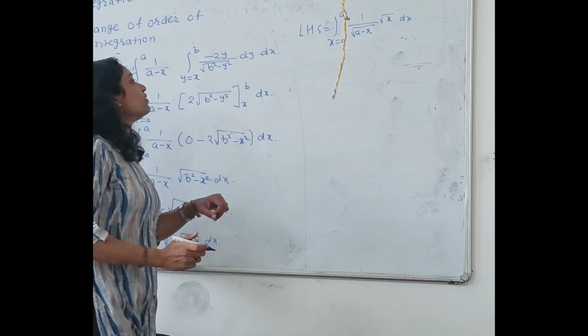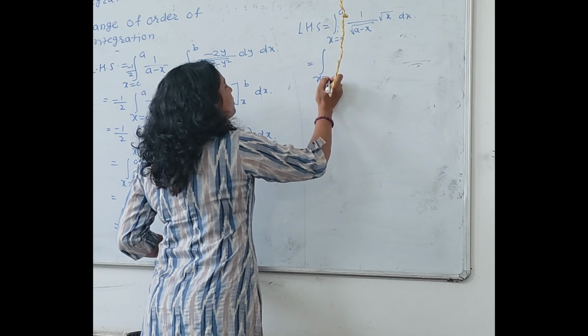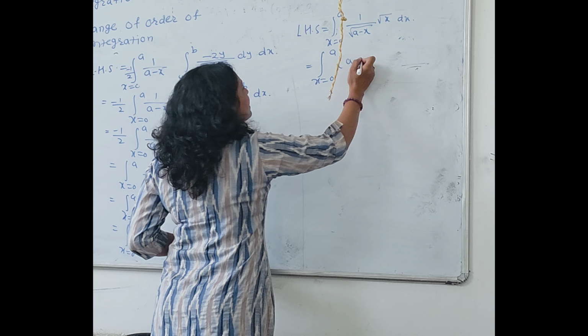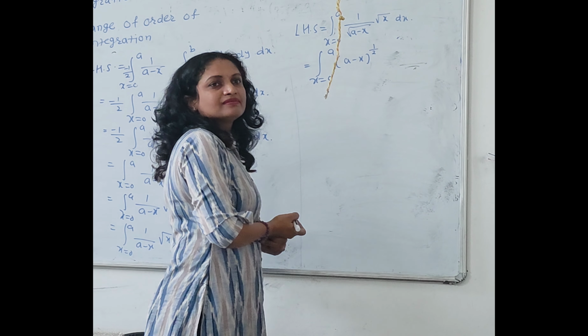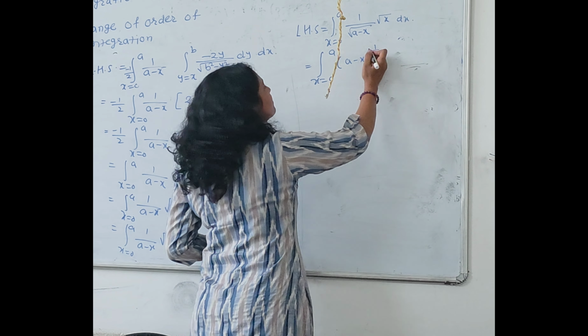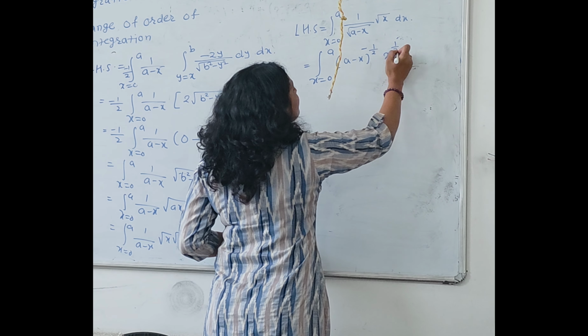So you may write this as the integral from 0 to a of a minus x raised to minus half, x raised to half dx.